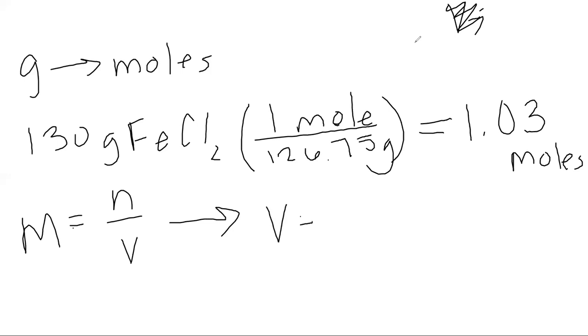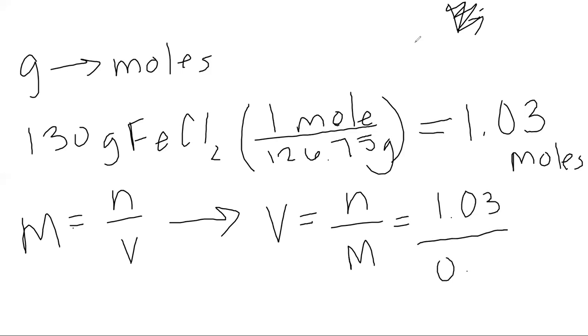Volume is equal to n over M. So I'm going to do 1.03 divided by 0.88, because that was our molarity that was given. And my apologies, I did not write the given. So here it is, 0.88.